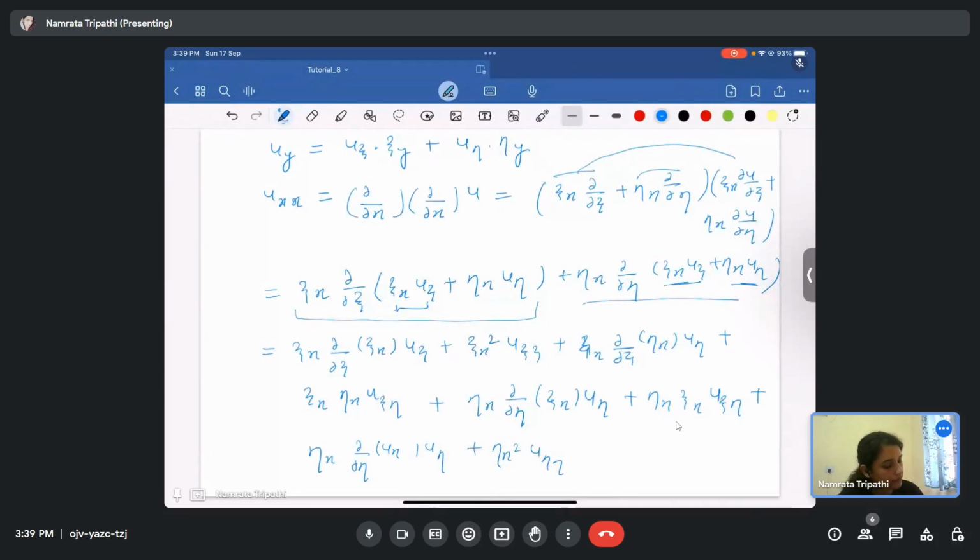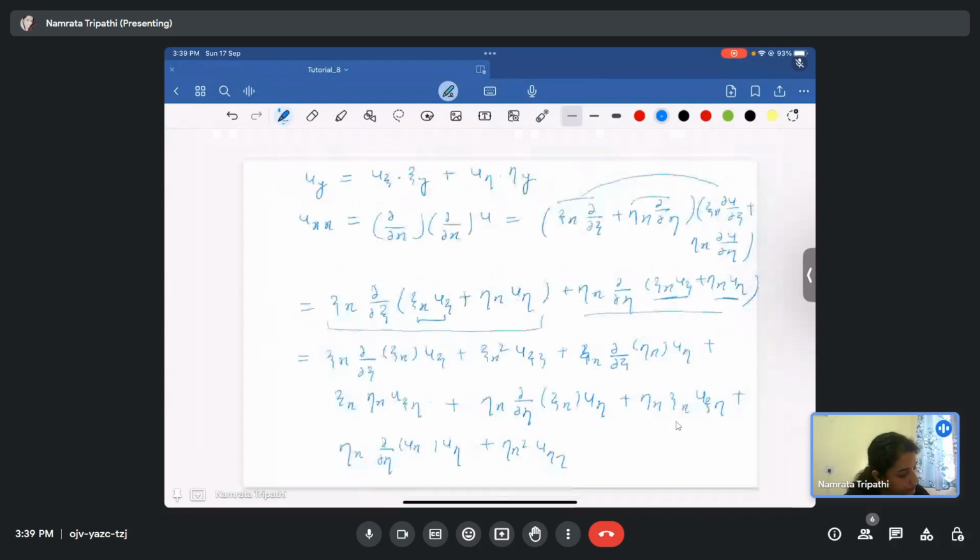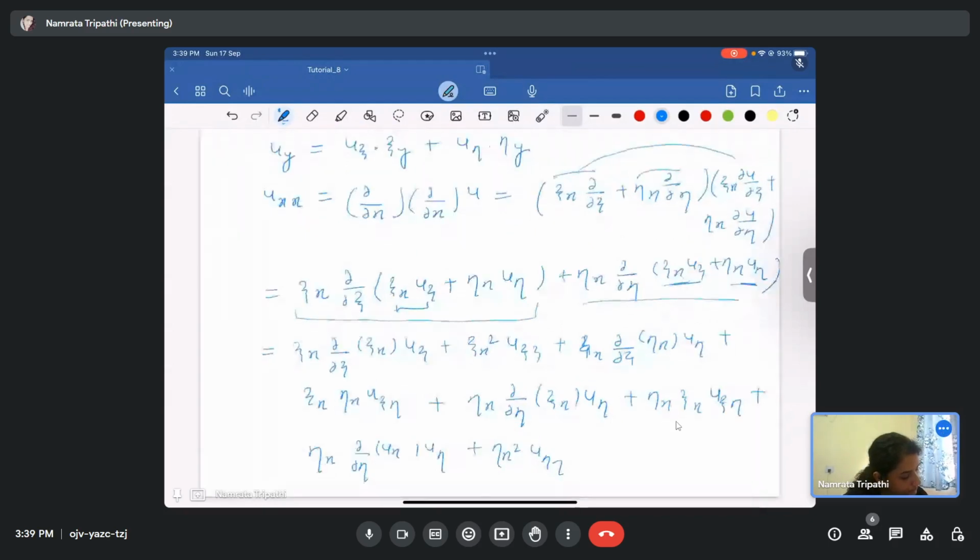So we will select the second term like this, take these terms together.